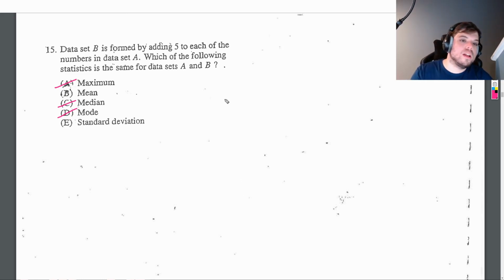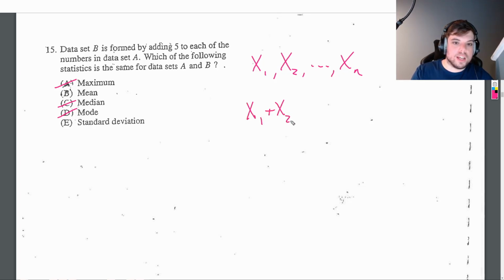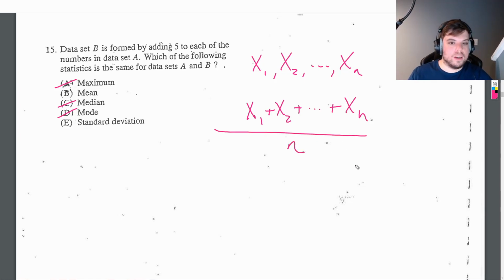Well, in general, the mean is, so let's say you have a bunch of data points, x1, x2, all the way out to xn. Then, where there are n values here, then your mean is going to be x1 plus x2 plus blah blah blah plus xn over n, right?